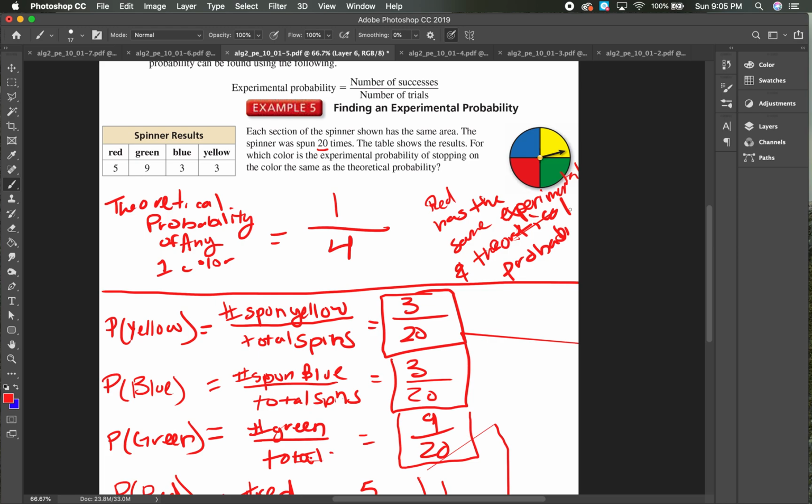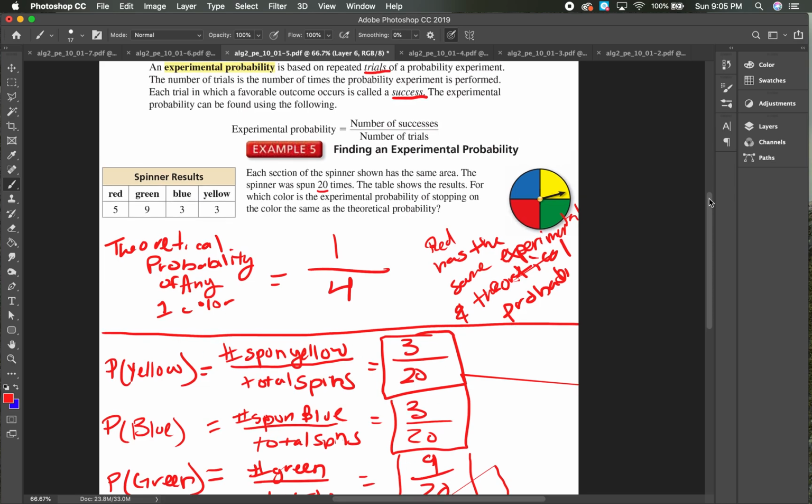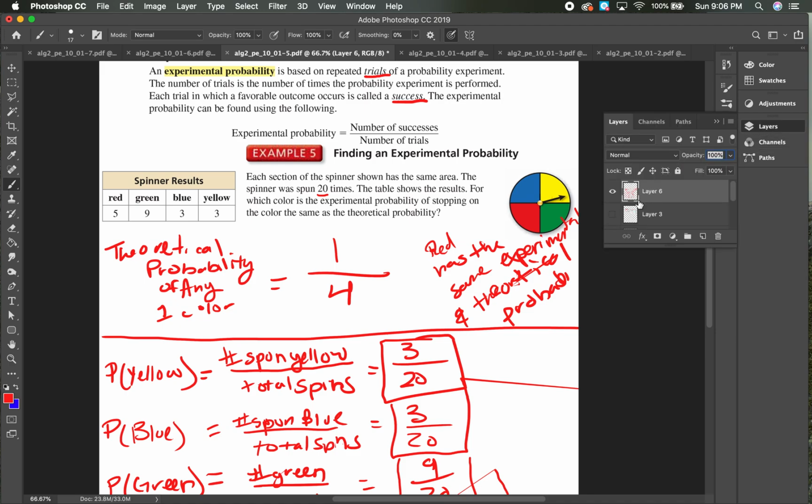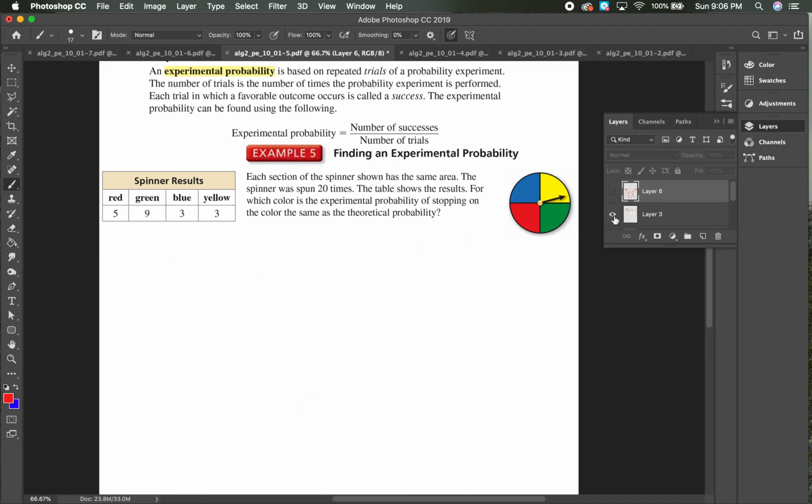Sometimes that's because the board itself is uneven, or maybe the arrow is broken and kind of tilted, or sometimes the overall board is bent, or even sometimes you think they're all the same size and they're not. Now in this case they were, but sometimes other weird things can happen. Alright, so that's our first problem for experimental probability.